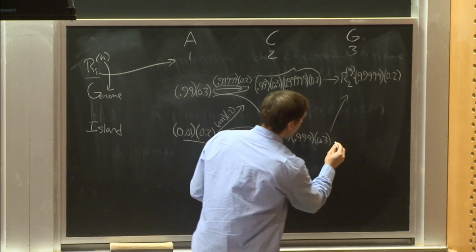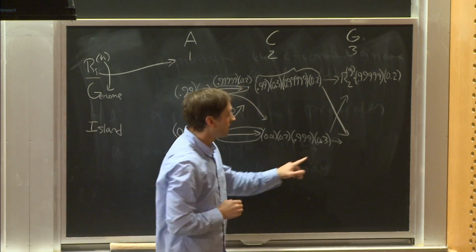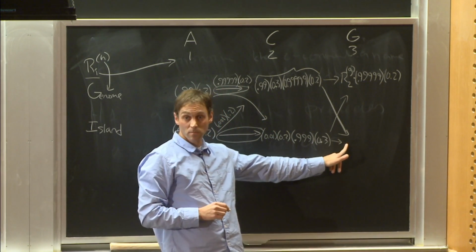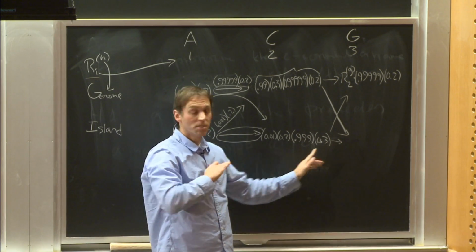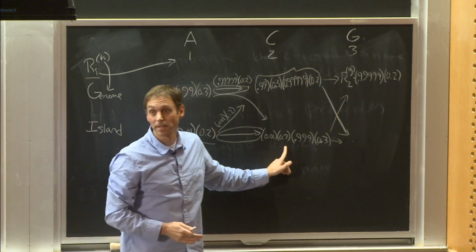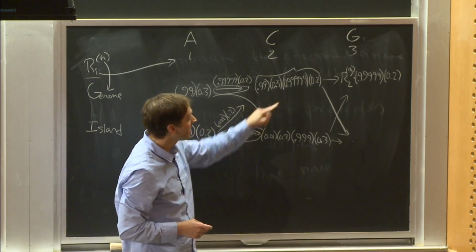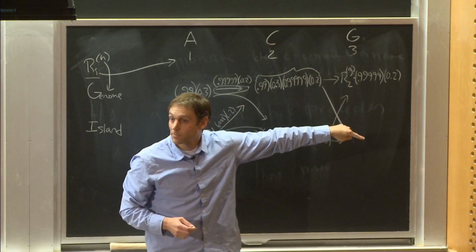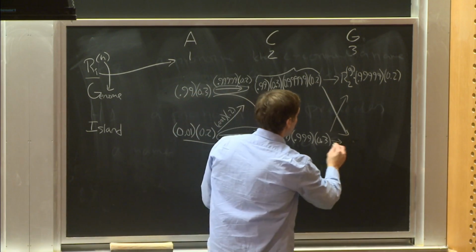And who's going to win here for the optimal parse ending at position 3 in the island state? Is it going to be this guy to island, or this one changing from genome to island? Island to island, right? Because, again, the transition probability is prohibitive. That's a 10 to the minus fifth penalty there. So you're going to stay in island.